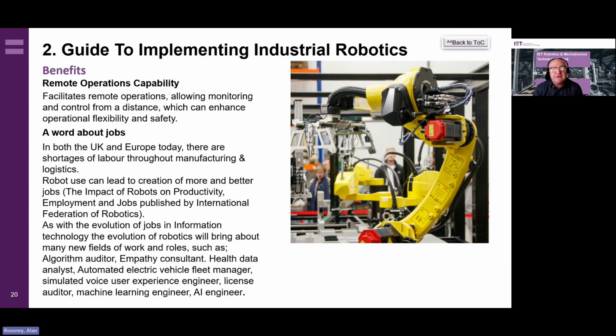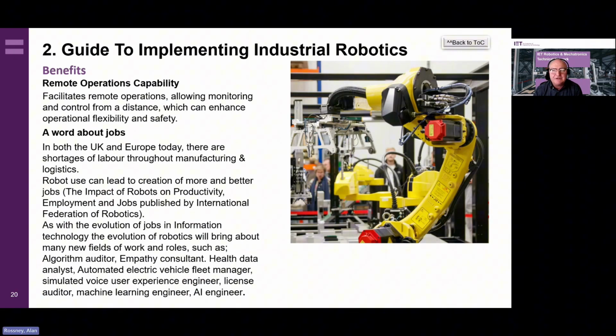So in both the UK and Europe, there's shortages of labour throughout manufacturing and logistics, and even some trade skills. So robots provide the opportunity to automate the more repetitive tasks, enabling the workers to concentrate on tasks where their capabilities and skills are more required. So typically robots are used for the dull, dirty, dark and dangerous demanding tasks, allowing workers to be deployed on tasks where their skills are adding value to operation.